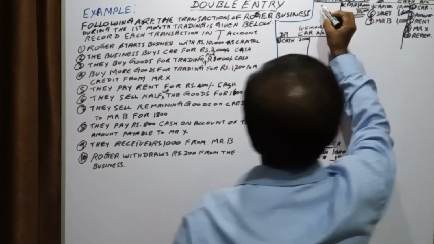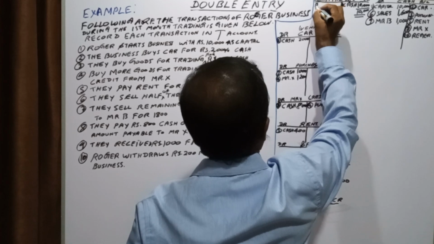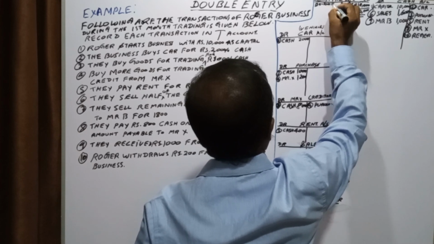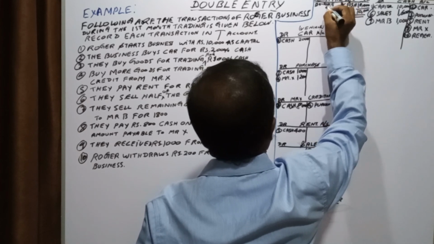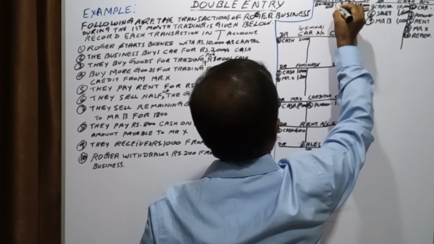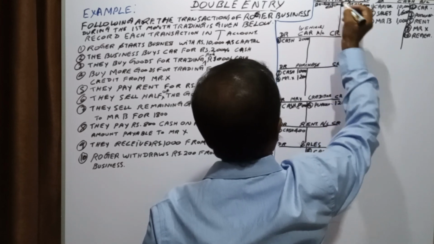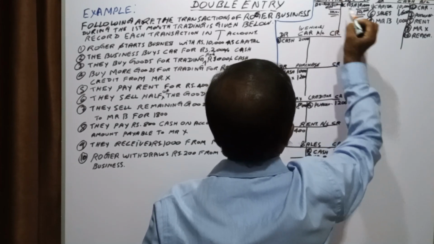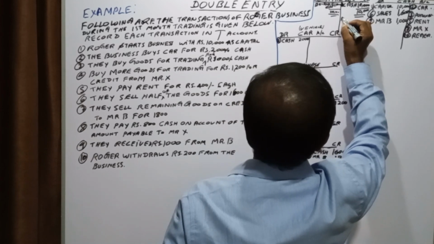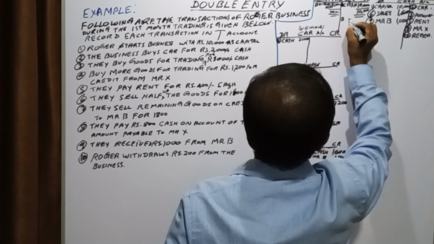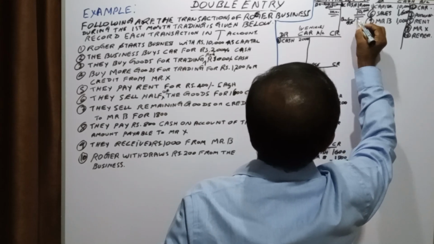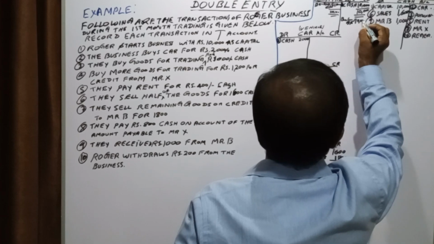Balance carried down, that also 10,000, right? Here, balance brought forward. Here we have the credit balance.